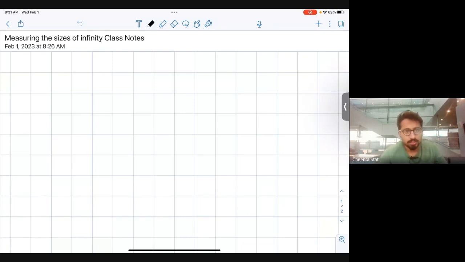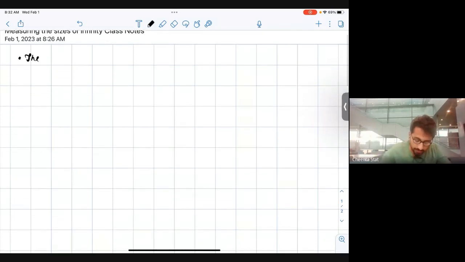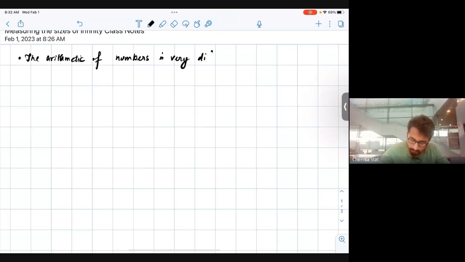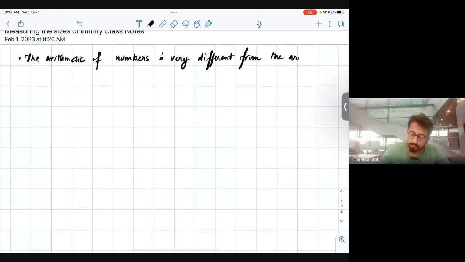The basic thing you should understand is the following: the arithmetic of numbers, like real numbers, is very distinct from the arithmetic of infinity.